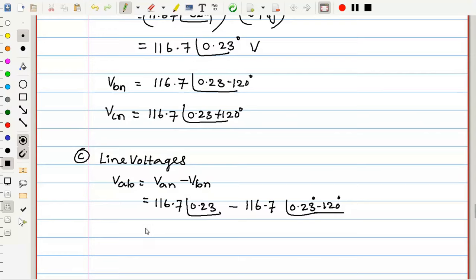Can you tell me this answer? Fourteen point.